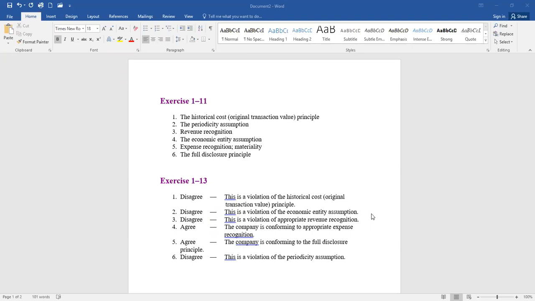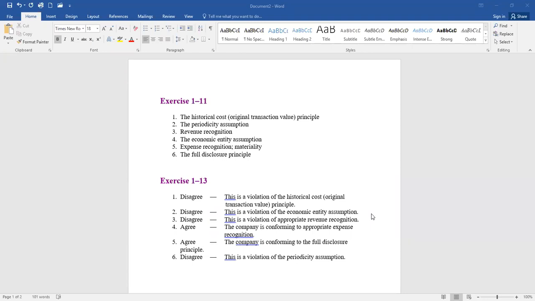Number 4. At the beginning of the 2020 fiscal year, Rossi Imports paid $48,000 for a 2-year lease on warehouse space. They recorded the expenditure as an asset to be expensed equally over the 2-year period of the lease. Well, yeah, that's right. You're not supposed to expense an item until you actually receive that service.